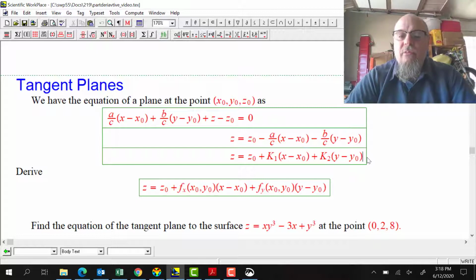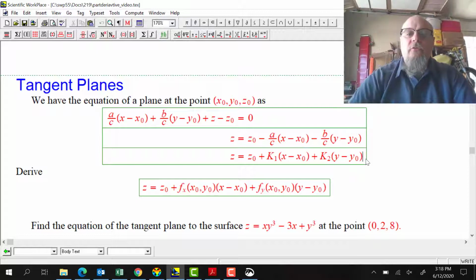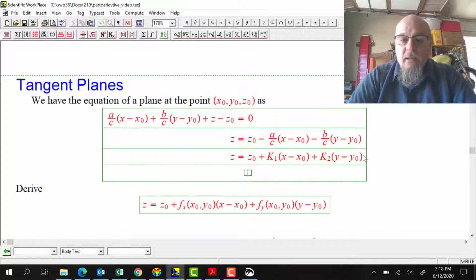I just need it to have the same slope. Why do I say slopes? Because there's two slopes. There's the slope in the x direction and the slope in the y direction. So let's take the derivative of this plane in the x direction. So that's a 0. That's just k1.